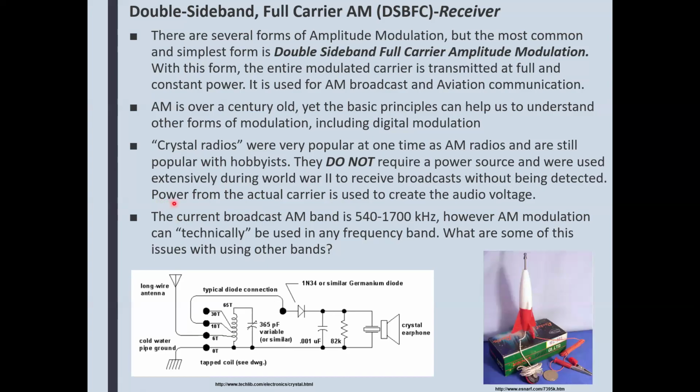All right, so the power from the carrier is used to create audio voltage. So here's the antenna, and here is the one. Look, that looks like a tank circuit, right? You could have something called a variable capacitor, and you can create that with those empty rolls of toilet paper, or even better, from those paper towels, because those empty tubes are longer.